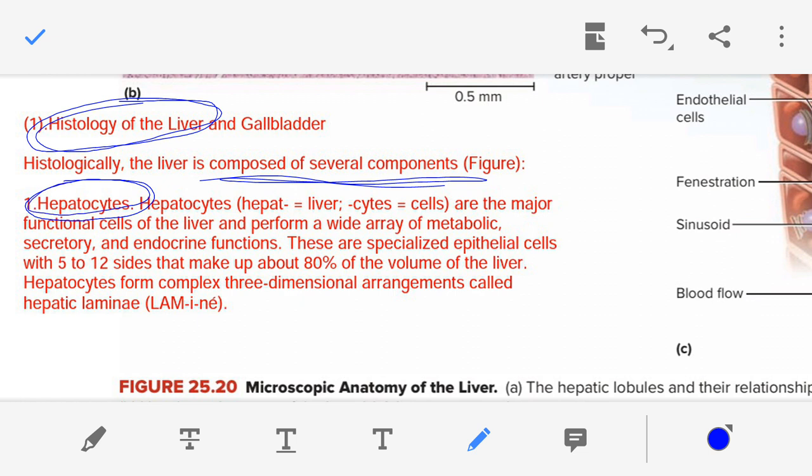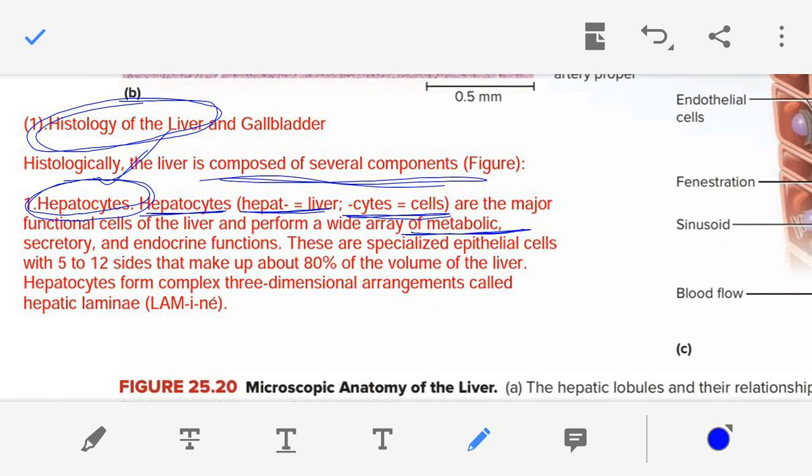Now, hepat means liver, and cytes means cells. That means the cells of the liver are known as the hepatocytes. And the function of the hepatocyte is that it performs a metabolic role.